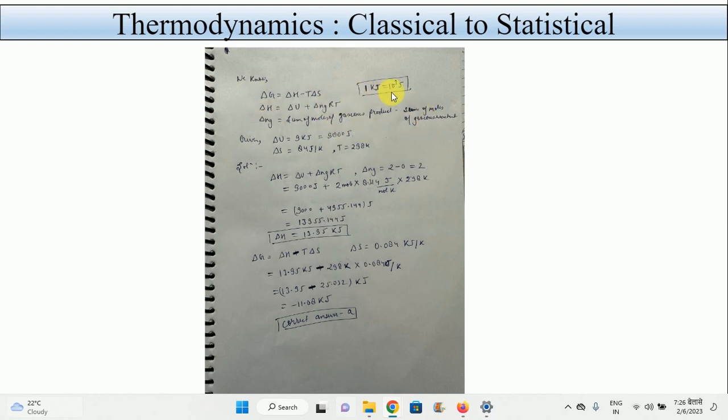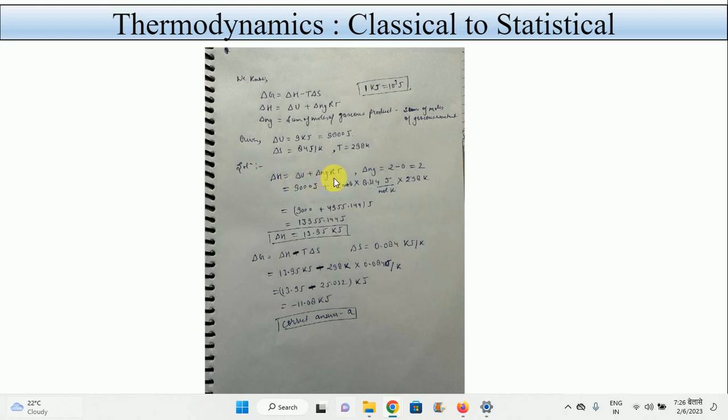As 1 kilojoule is equal to 10 to the power 3 joule, delta G is equal to delta H minus T delta S, and delta H is equal to delta U plus delta NG RT. Delta NG is the sum of moles of gases in products minus the sum of moles of gases in reactants. Then delta U, delta S and temperature are given.